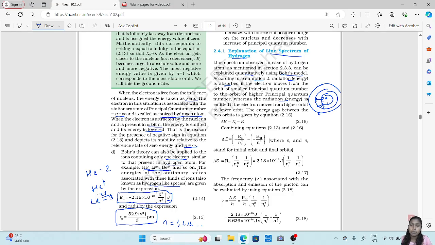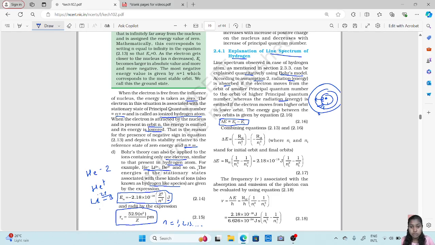The energy gap between the two orbits is given by delta E equals EF minus EI, where EF is the final electronic level and EI is the initial electronic state.